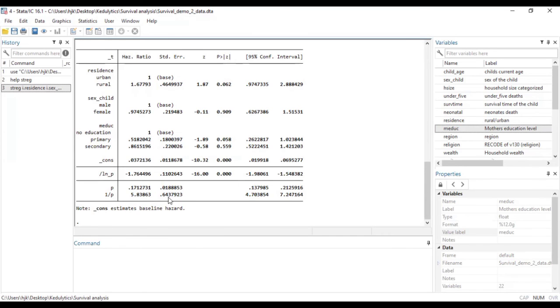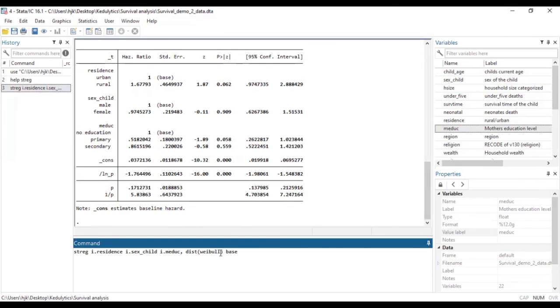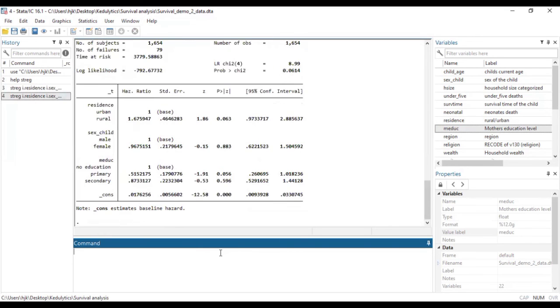So generally, this is how you can run the Weibull distribution and be able to tell whether the hazard rate occurs quickly or is slower. Now, for you to be able to run the exponential distribution, you just change the line of code and put exponential here, and you are good to go.